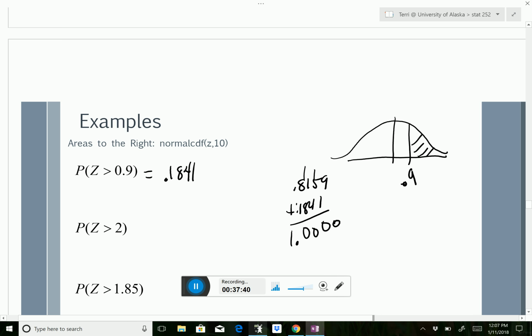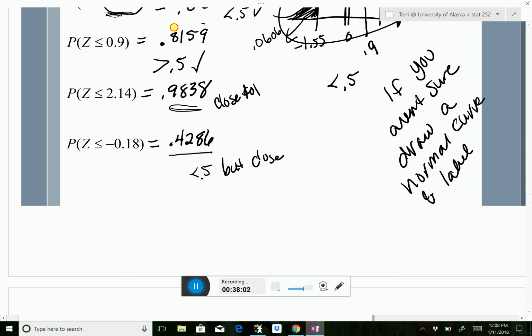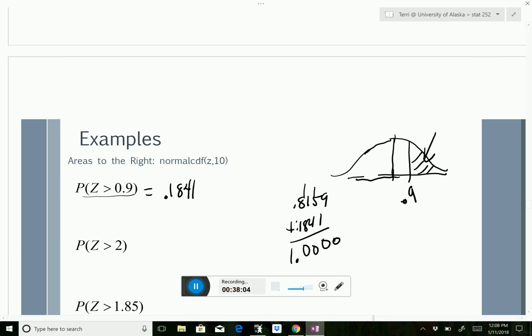It ends up to 1, which it should, because this side and this side should equal 1. If I have this whole area plus this whole area, it is the whole area under the normal curve, which should be 1. So that's kind of cool. So we could have actually just done this by going 1 minus this particular problem right here.